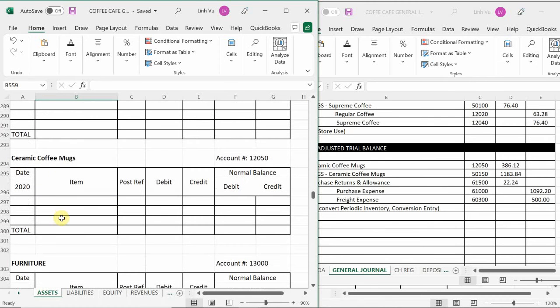Here we are, ceramic coffee mugs. Post reference, General Journal 22 for a total of $386.12.